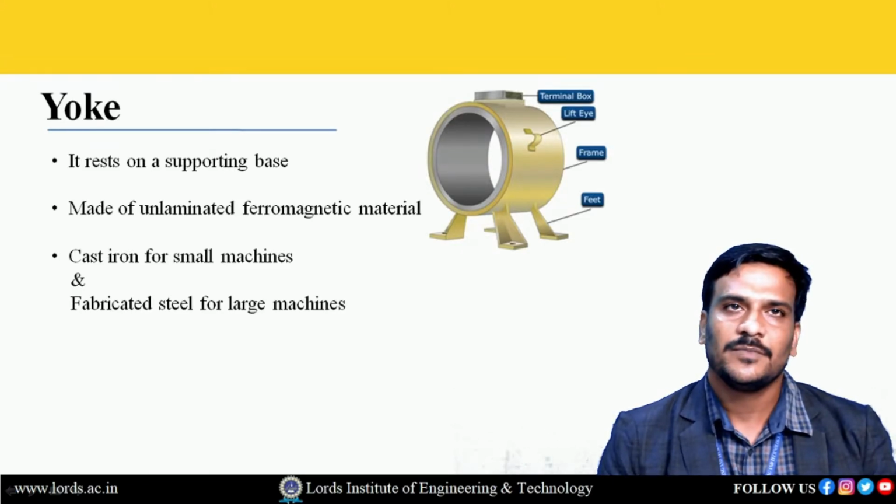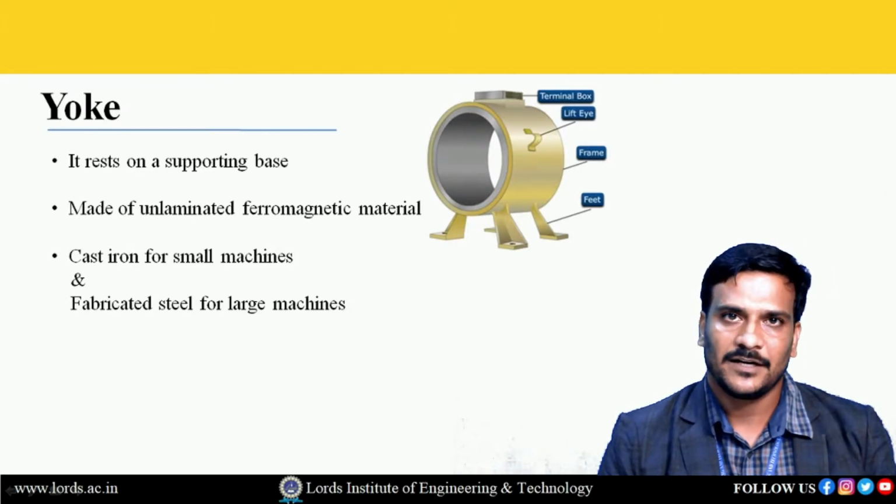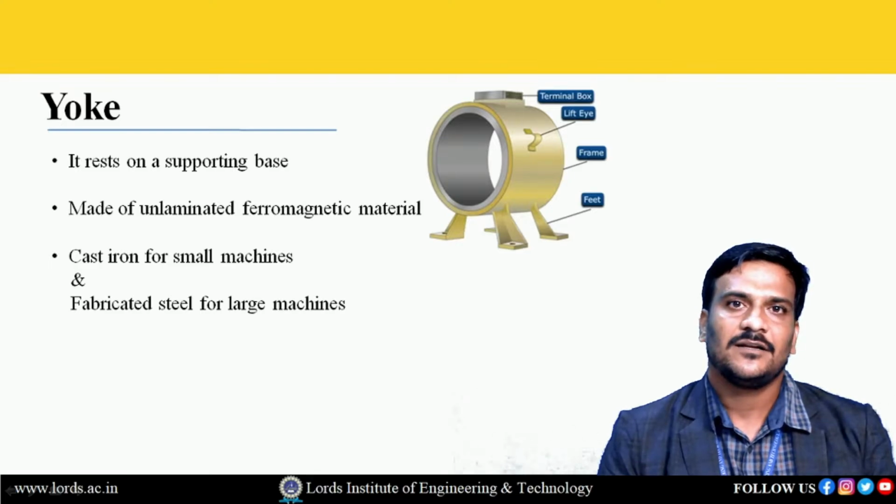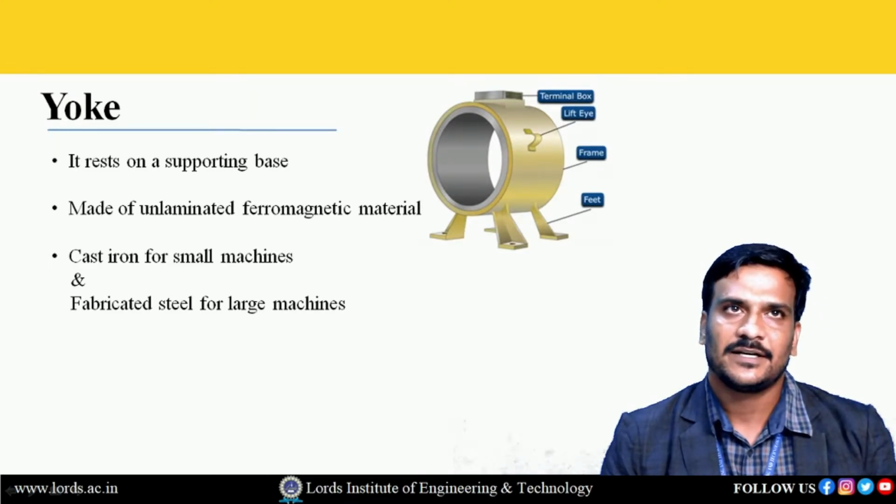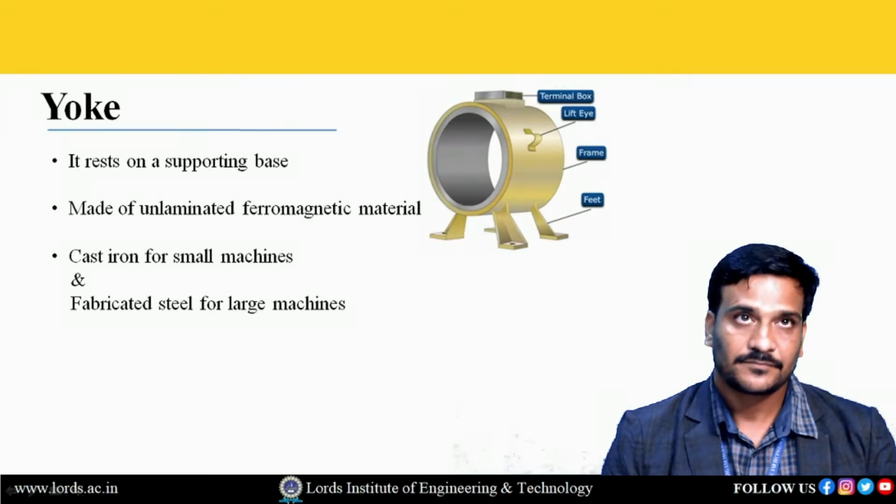The yoke is made of unlaminated ferromagnetic material, though modern DC machines operated with power electronic based converters also have laminated yokes. For smaller machines the yoke is made of cast iron, and for larger machines it is made of fabricated steel.